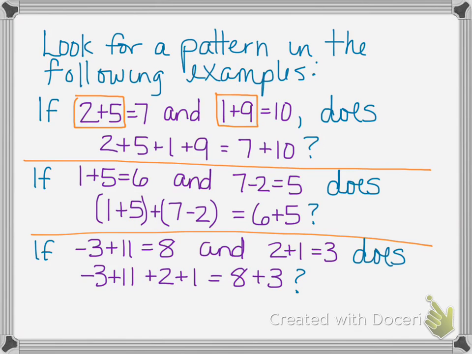Let's get some green over here. So 2 plus 5 equals 7, 1 plus 9 equals 10. Then if I add 2 plus 5 and 1 plus 9, that should equal my 7 plus 10 right here.